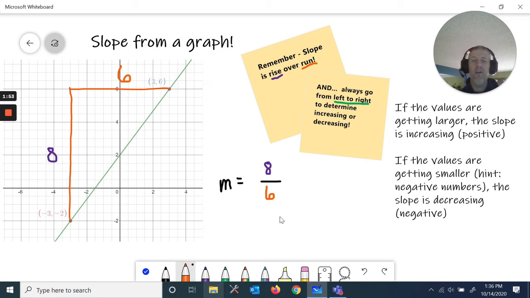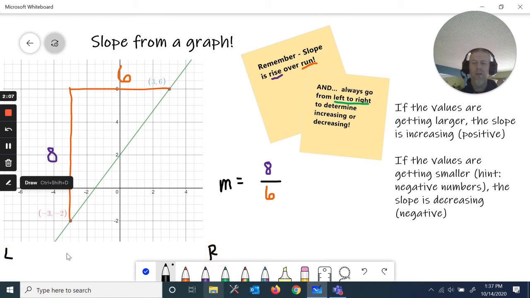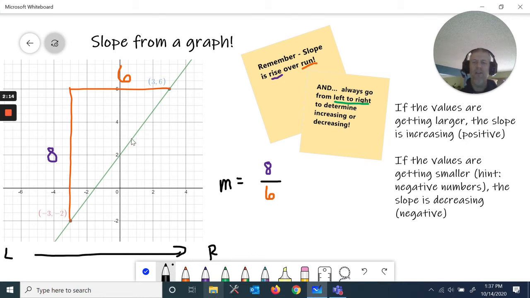Is our slope positive or negative? And then, can we reduce it? If I look at my line going from left to right, here's left and there's right, as I move this direction, what's happening to the green line? We can see that it's getting bigger.